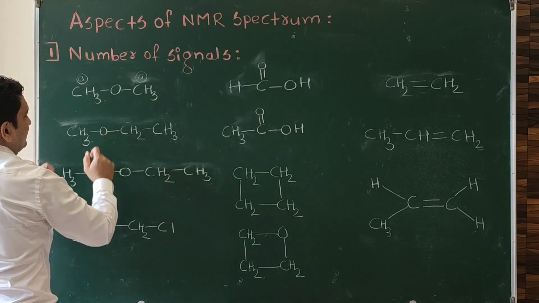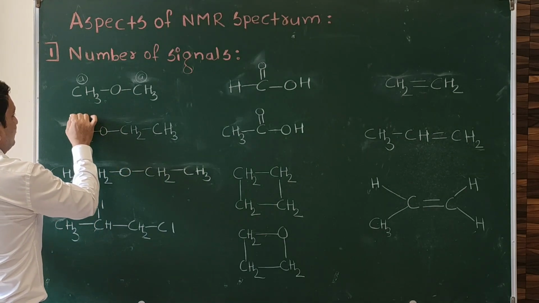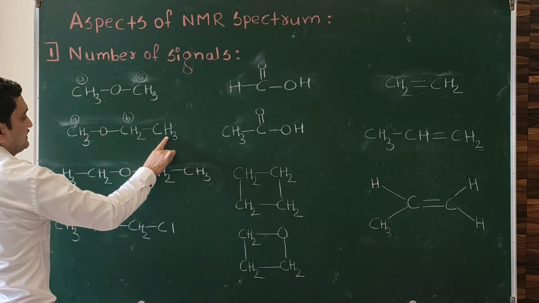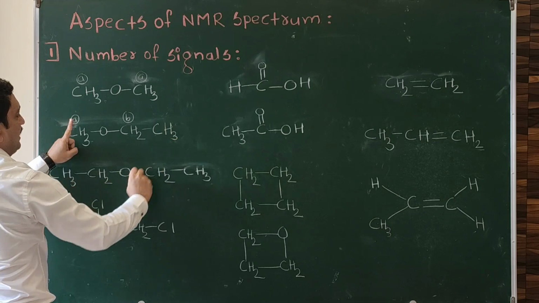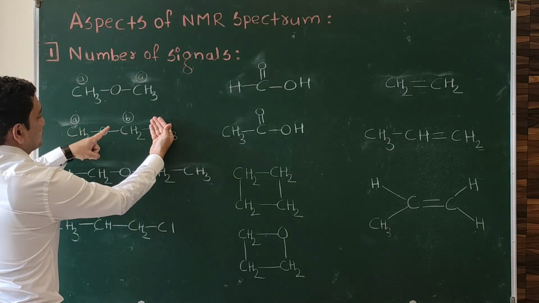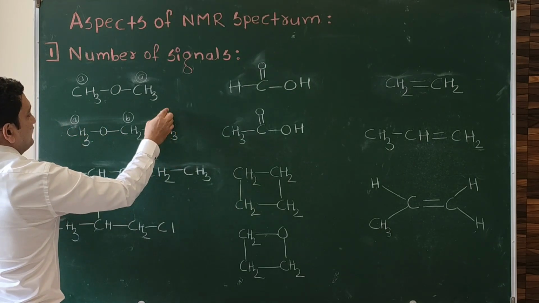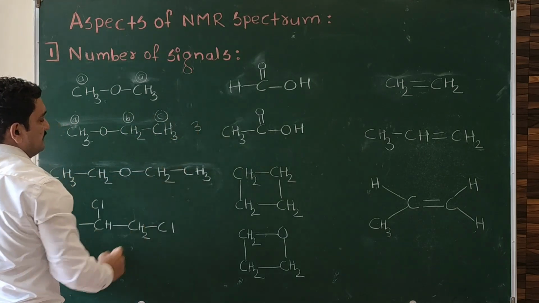Now ethyl methyl ether: CH3 and CH2 always give different signals, so we will write A and B for them. The remaining is CH3. We will check whether the CH3 groups are equivalent. The environment for this one is OCH2CH3, and for this one CH2OCH3. They have different chemical environments, so it will give a separate signal. So A, B, C, the number of signals will be 3.